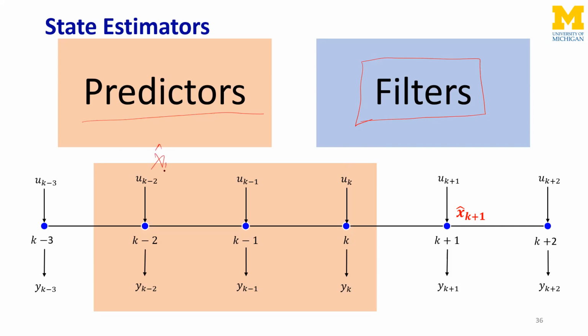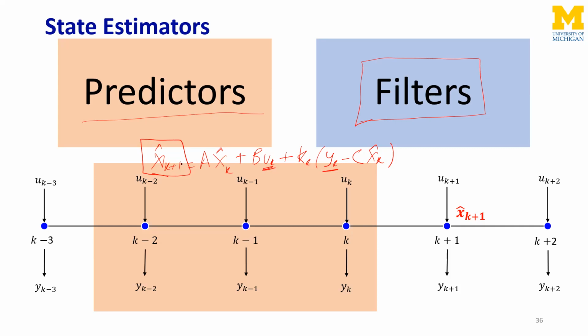X hat K plus 1 was A X hat K plus BUK plus KK times YK minus CX hat K. So it is using UK and YK to construct X hat K plus 1. So this type of state estimator is actually a predictor because it's predicting a value into the future.